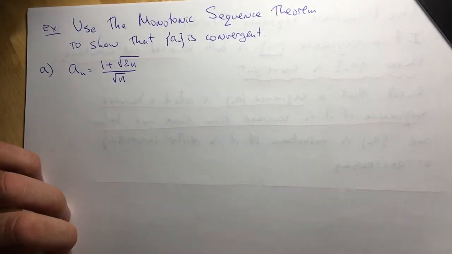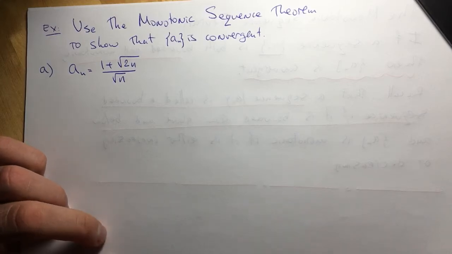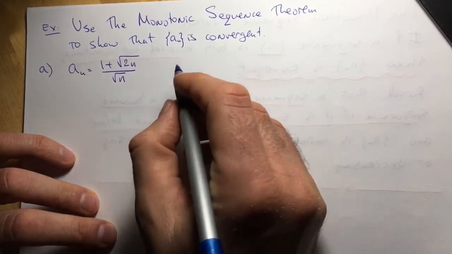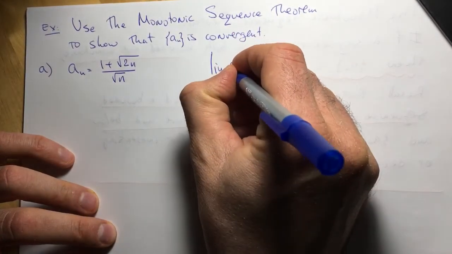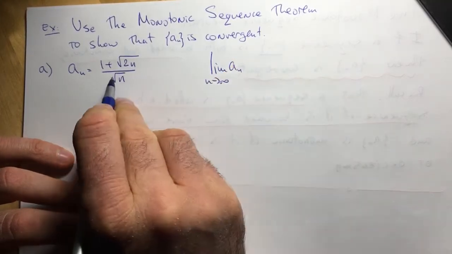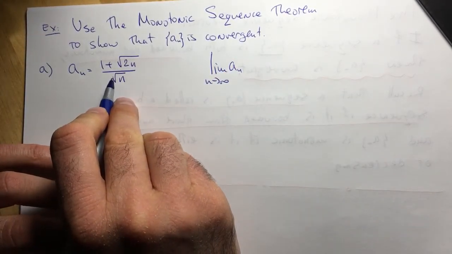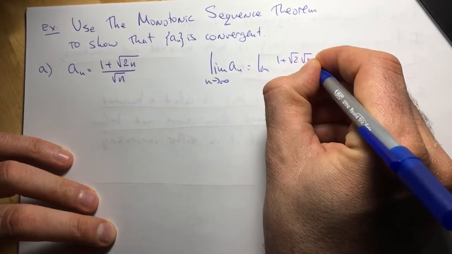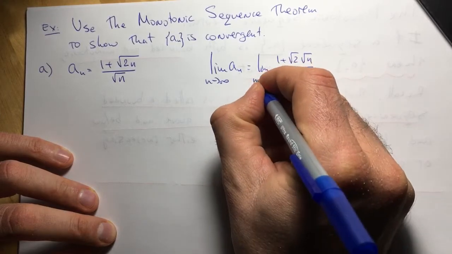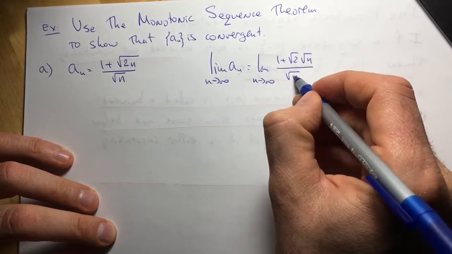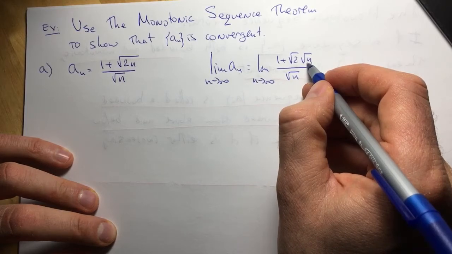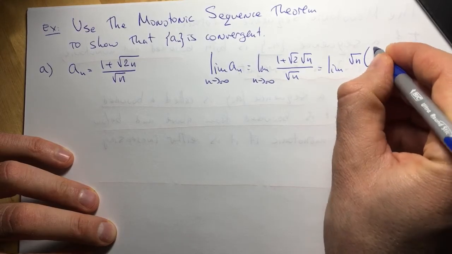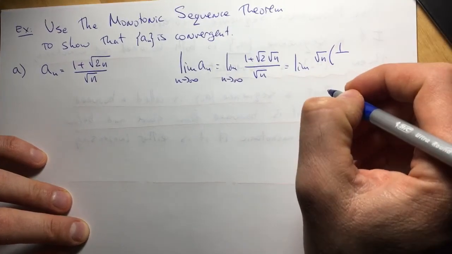Now most of you hopefully know how to show that this sequence is convergent, simply by finding the limit of AN as n goes to infinity. This is a very basic example. This is the limit of 1 plus square root of 2 square root of n over square root of n, and as we can see, the order of the numerator and the denominator is the same, so right away you should already know that the limit of this sequence is going to be square root of 2.